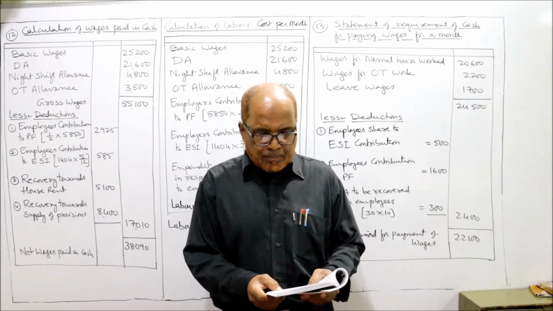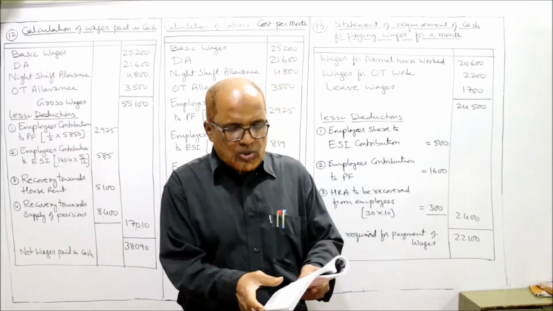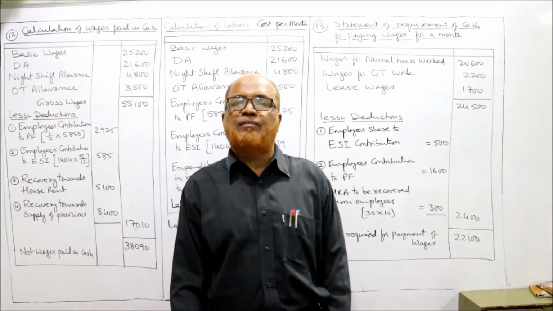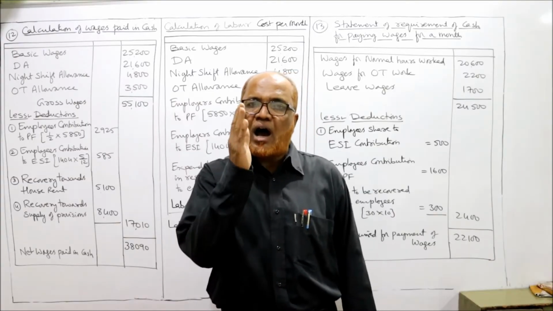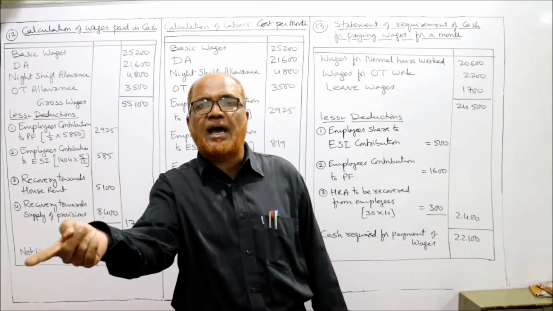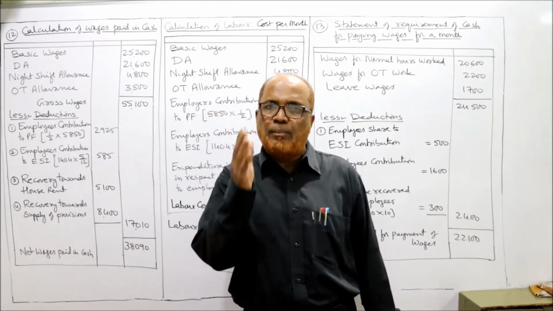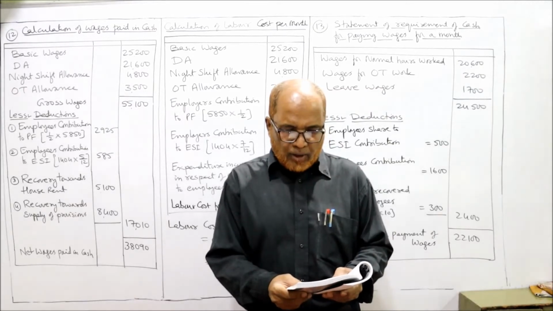Provident fund is paid by the employer and employee in equal shares. The amount deposited in provident fund is 5,850, the total amount deposited in PF. So half is the employer's contribution and the remaining half is the employee's contribution. We'll make it 50-50.